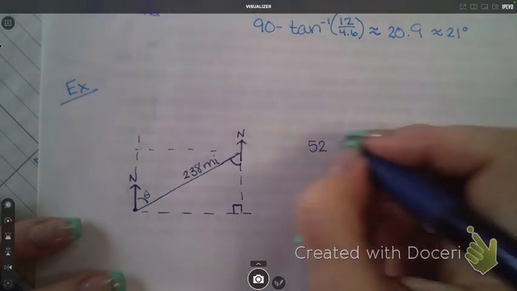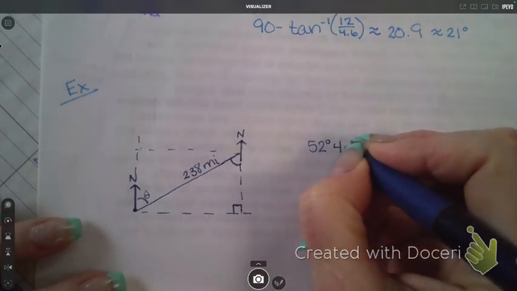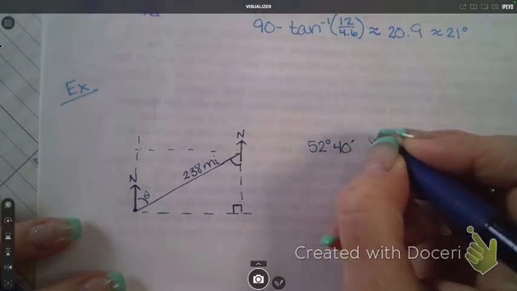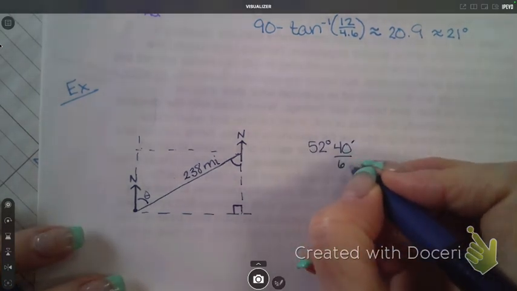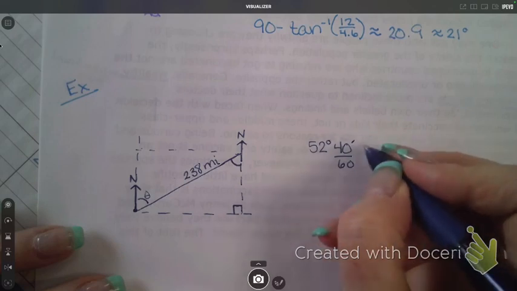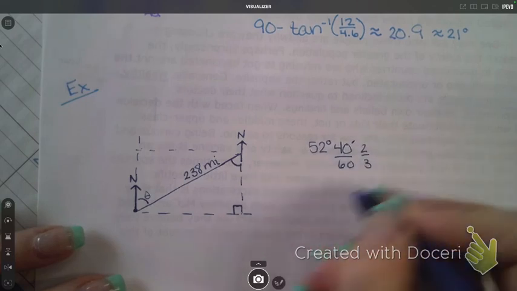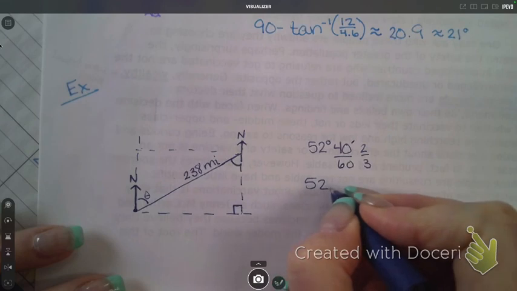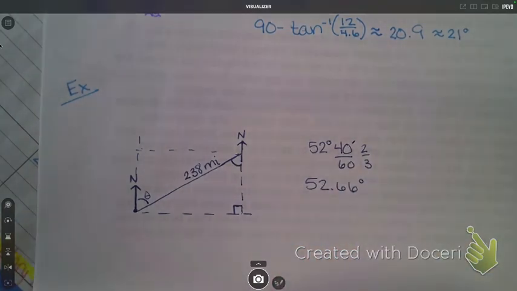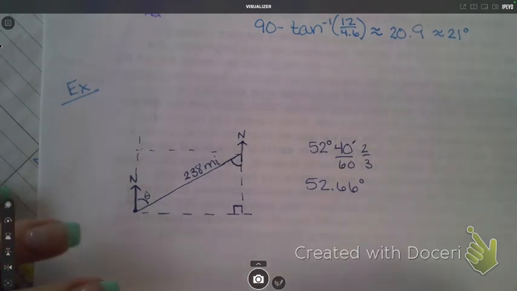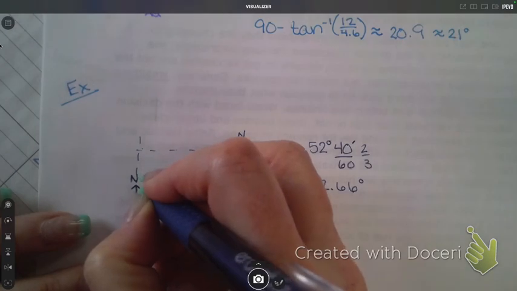That would have been easier, right? 52 degrees, 40 minutes. How do I get from minutes to decimals? Divide by 60. So what is 2/3? Which is 52.66, right? And you should know some of those decimals. So this angle right here is 52.66.